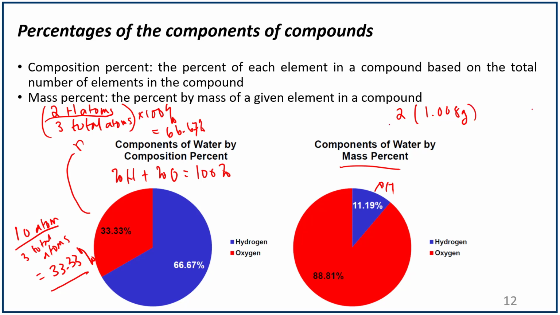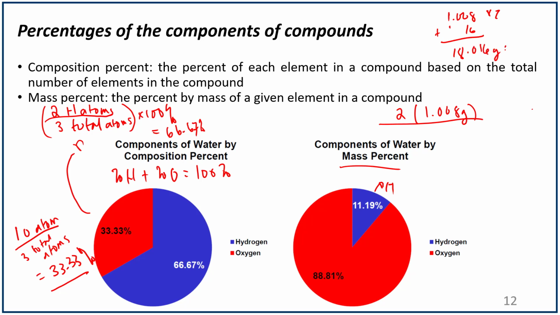Then we divide it by the molar mass of water. The molar mass of water is 1.008 times 2 plus 16, which should give you 18.016 grams.